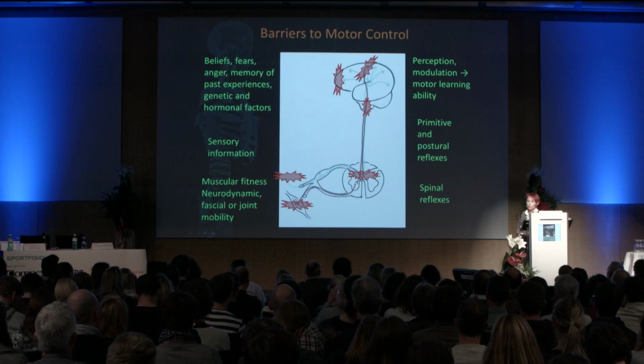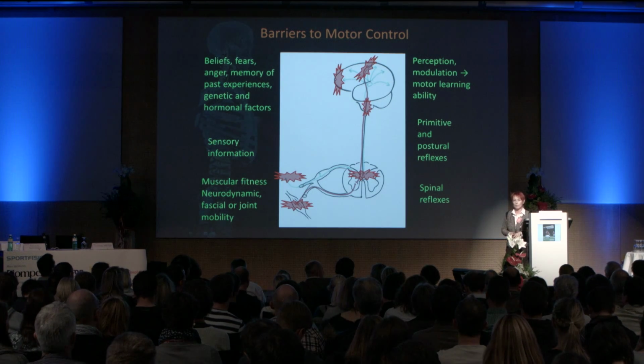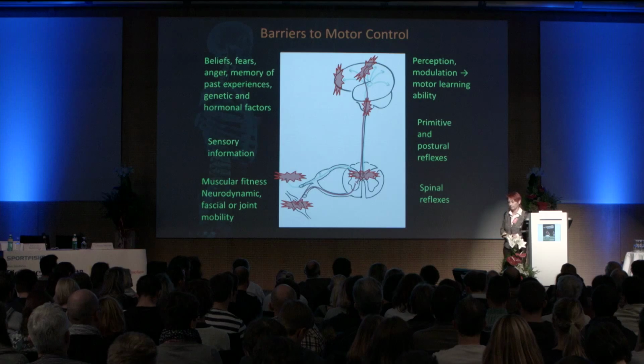And last, but of course not least, is the brain's ability to perceive all the information that's coming in, to modulate the information, to make its decision, and in the end, to allow us to have motor learning. Motor learning is based on the ability of the brain to perceive what I need to do and how much I need to use to do it.